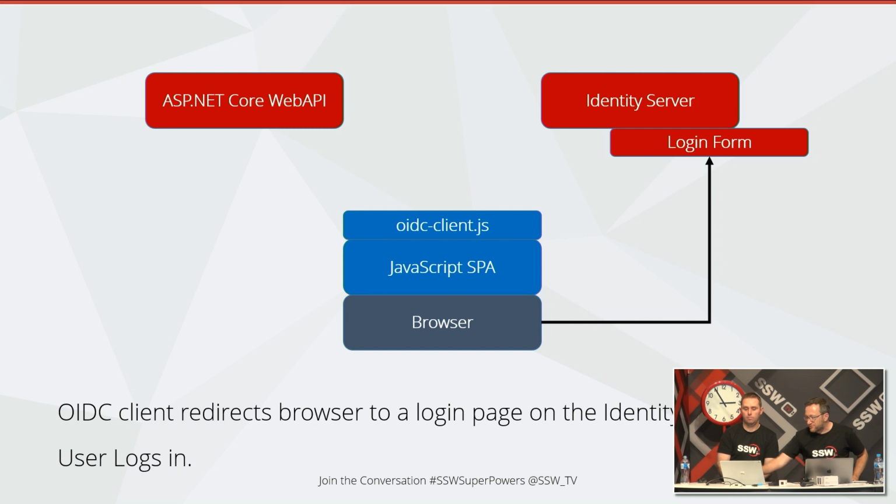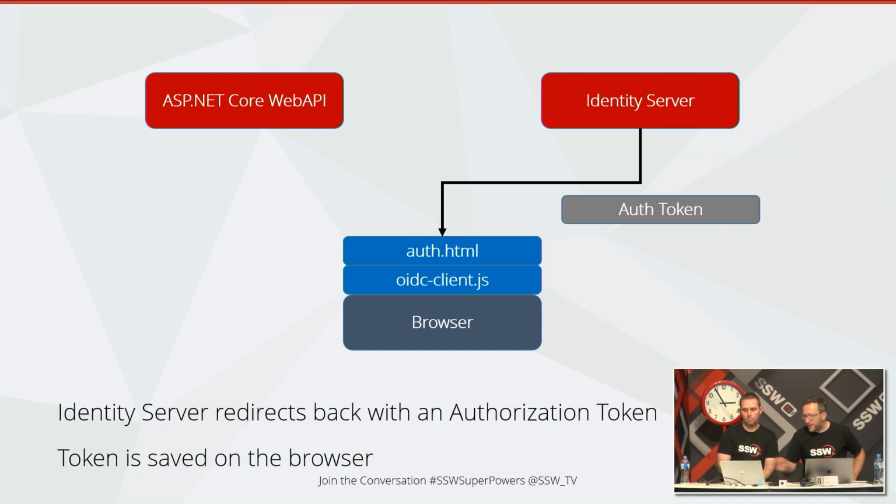And it then sends a redirect back to a page on your site. And when it sends that redirect back, what it includes in that redirect is an auth token. So you need at least one extra page on your site somewhere to catch that redirect and store that auth token inside local storage on the browser.